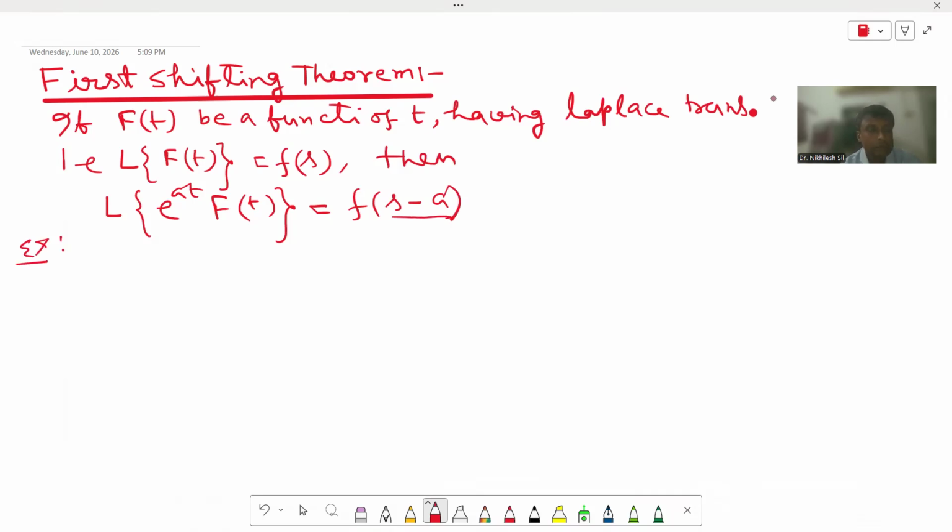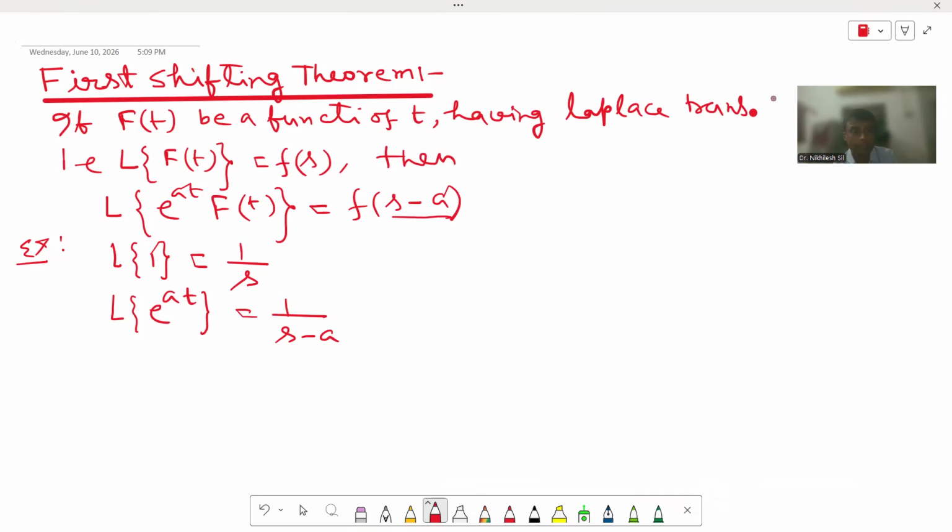So what is Laplace of 1? The Laplace of 1 equal to 1 by s. And in the last class we found Laplace of e to the power at, which is equal to 1 by s minus a. So how are we getting this value?